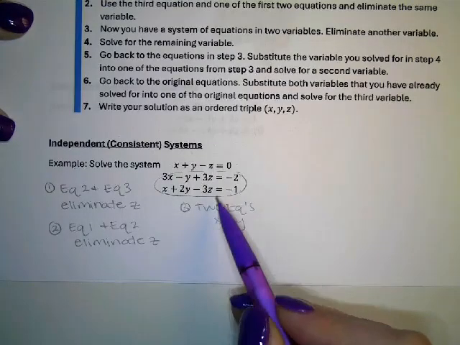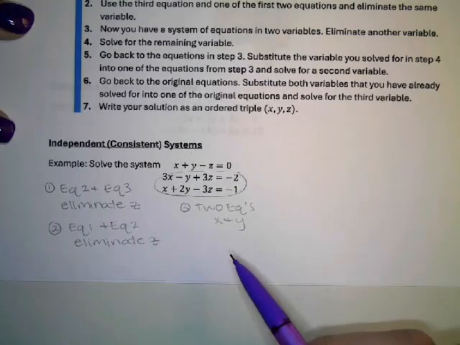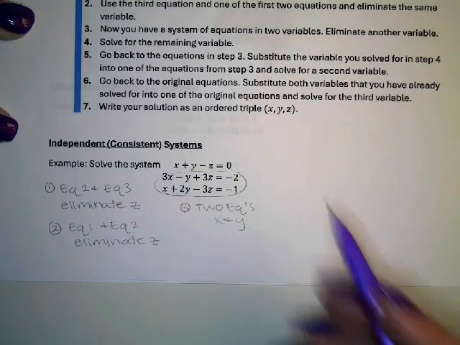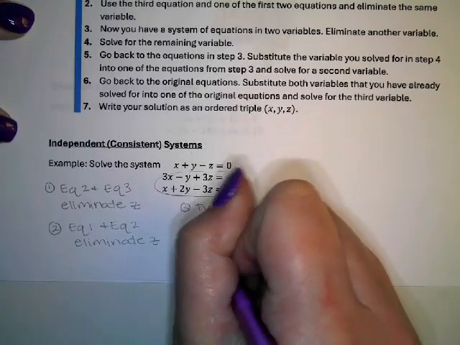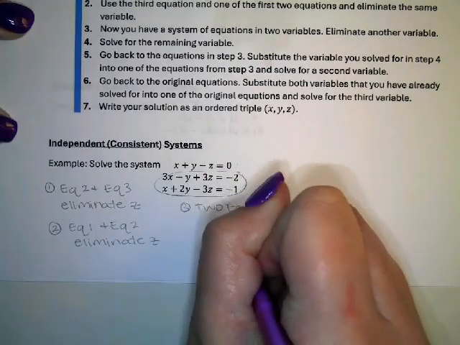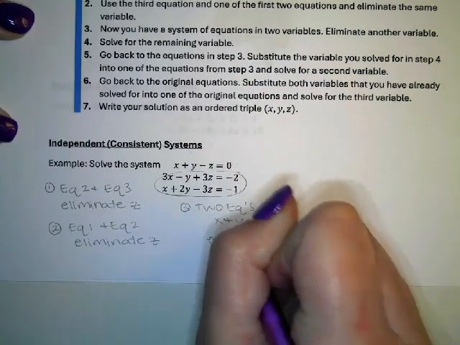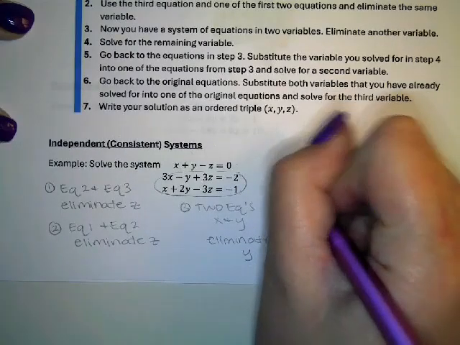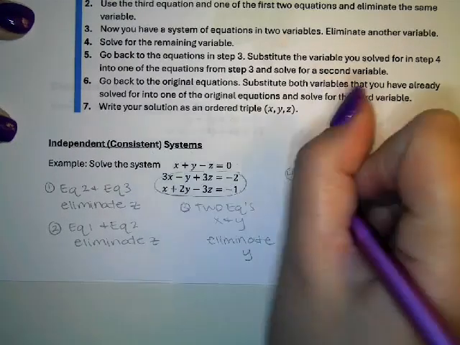We haven't gotten there yet, so we don't know what variable is going to be the easiest to eliminate, but I'm just going to give you guys a peek into the future. It's going to be y. So at that point, we're going to eliminate y. Once we've eliminated y in the fourth step, we're going to be solving for x.